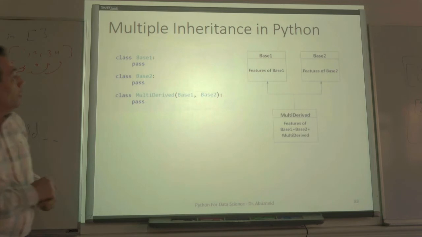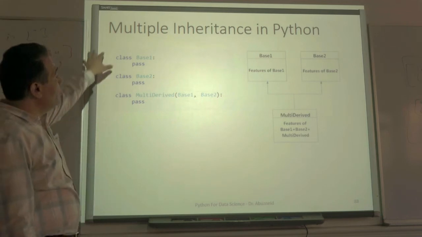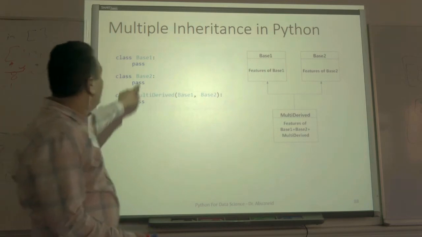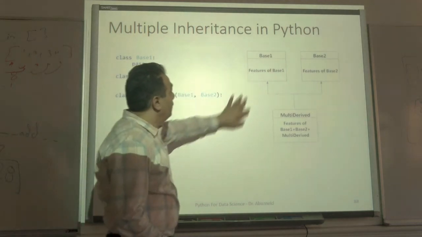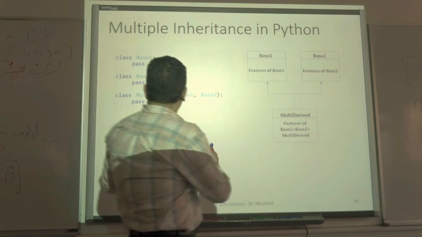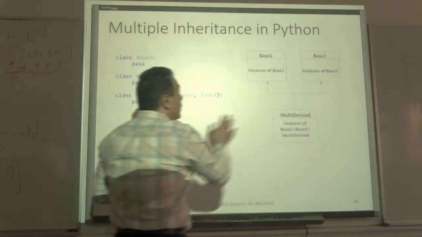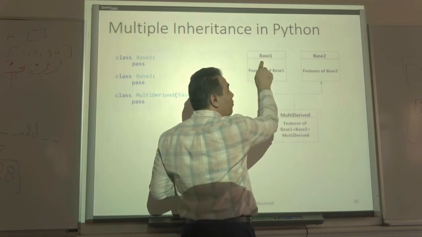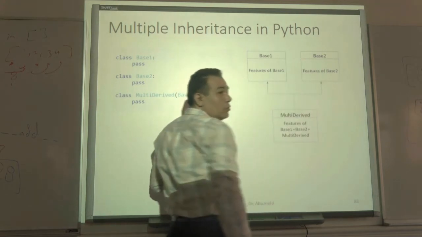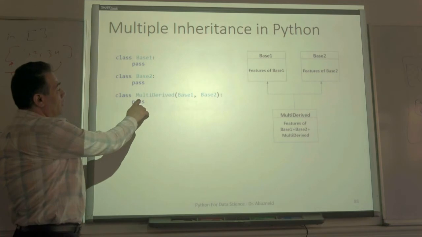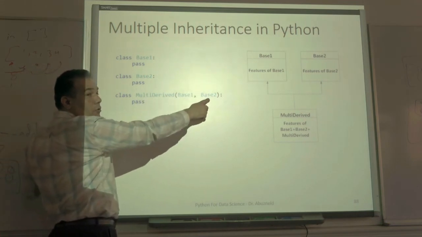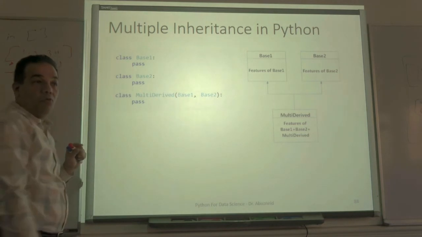Also in here, we have learned multiple inheritance. For example, you have base 1, which is a class, and base 2. You could have a class that inherits from both, base 1 and base 2, so multi-derived. You just put a comma between them.